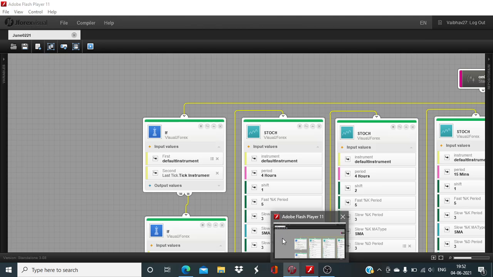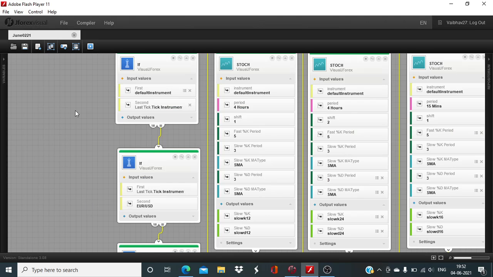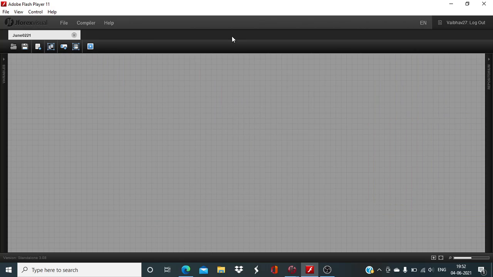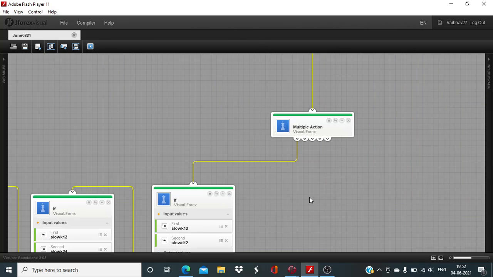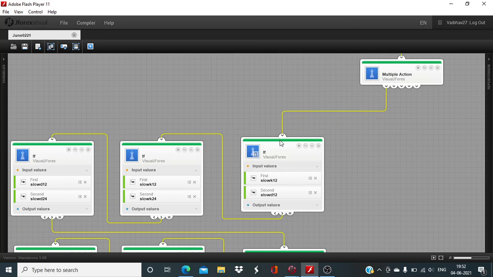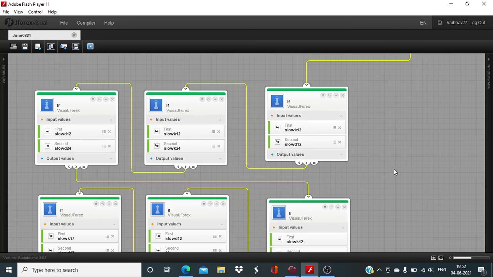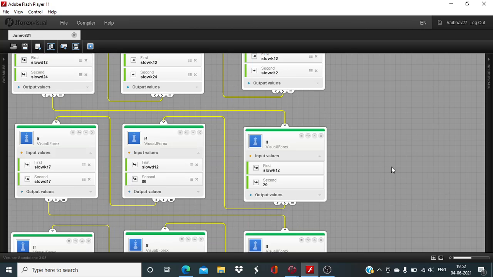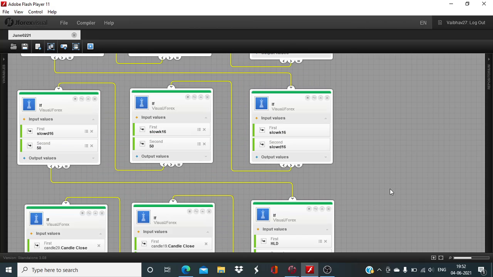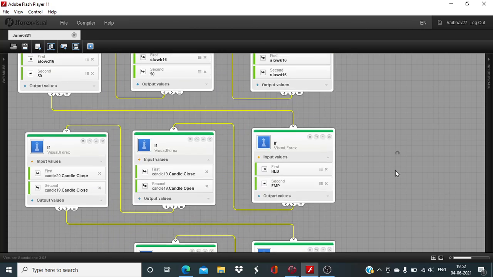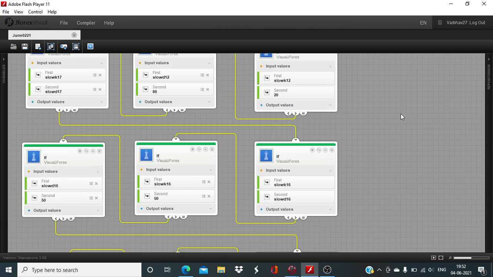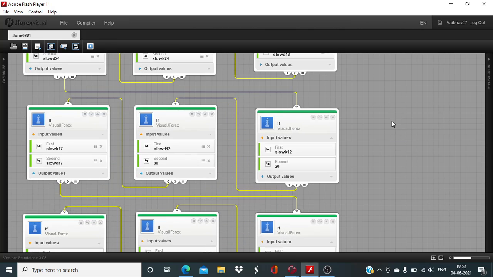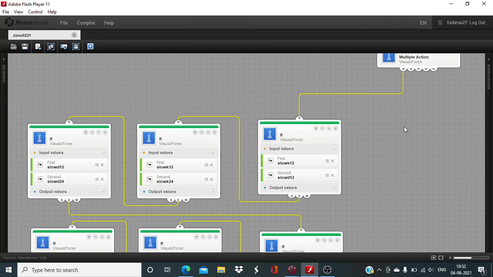So now we head back to the Visual JForex board, and we will need to make sure that the conditions which we are going to use for the execution of the sell trade are symmetric with these conditions which we have done for the buy side. These two sides should be kind of mirror images of each other.